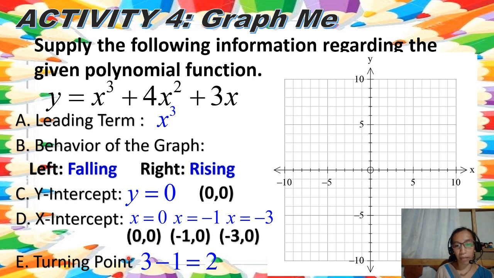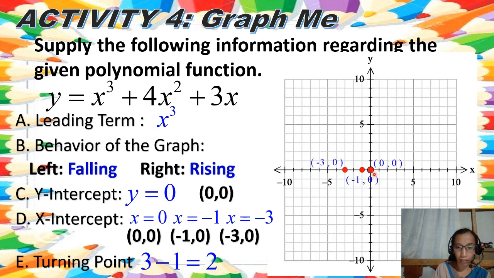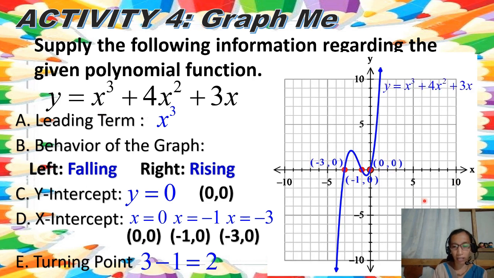So let's plot the points (0, 0), yung ating y-intercept, and then yung ating x-intercept, ipla-plot na rin po natin. So the points are (0, 0), (negative 1, 0), and (negative 3, 0). So, after nating i-plot ito, meron tayong dalawang turning points or dalawang liko. Then, yung left natin ay falling and right ay rising.